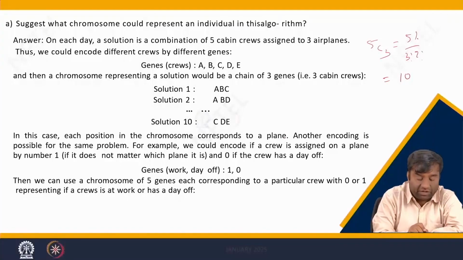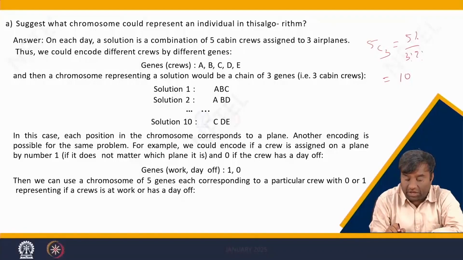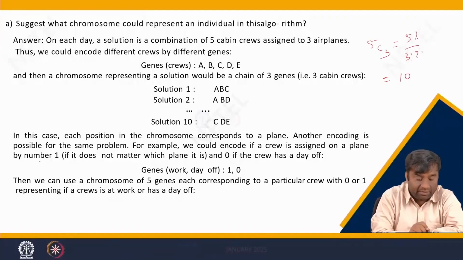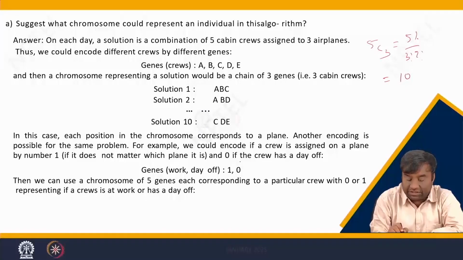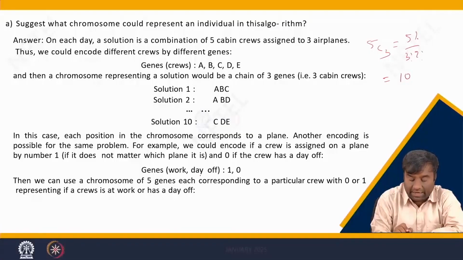Another encoding is possible for the same problem. For example, we could encode a crew assigned to a plane by the number 1, so it does not matter which plane it is, and 0 if the crew has a day off. So the gene should be work day or off day, 1 and 0.